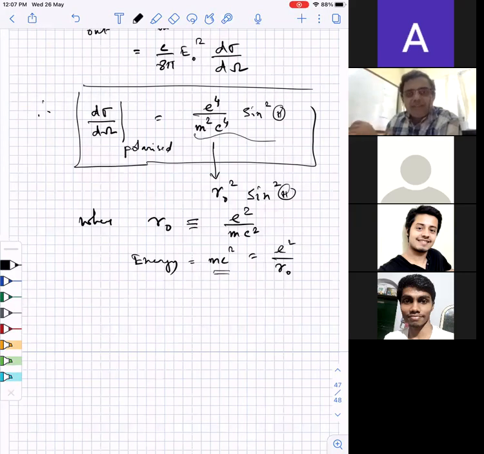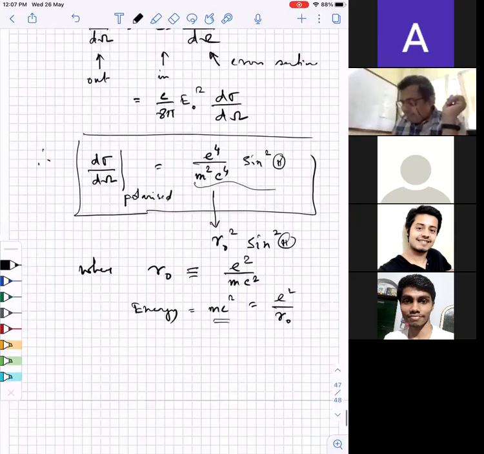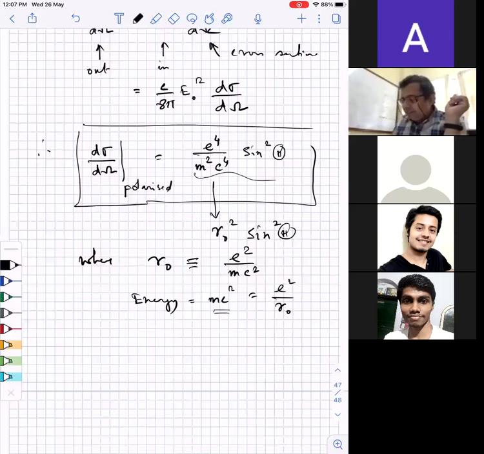Yeah. So that's right. But then when I put in the effective radius, that radius is e squared by mc squared, which is like, in a sense, the radius of an electron. Now, this is a classical electron. So radius of an electron doesn't make sense over here, but you see, I've done it very vaguely. I think of the energy, and what is the self energy of that electron? The mc squared.